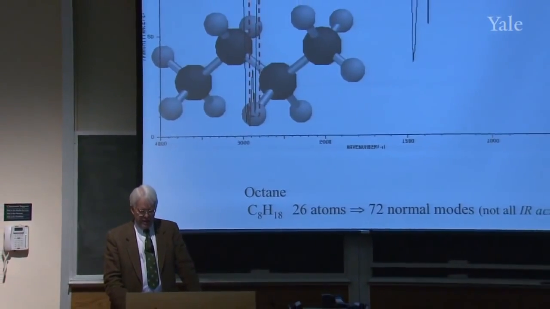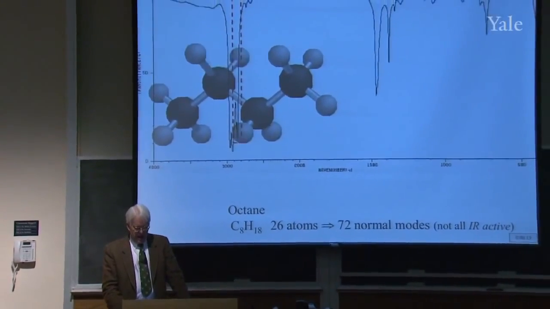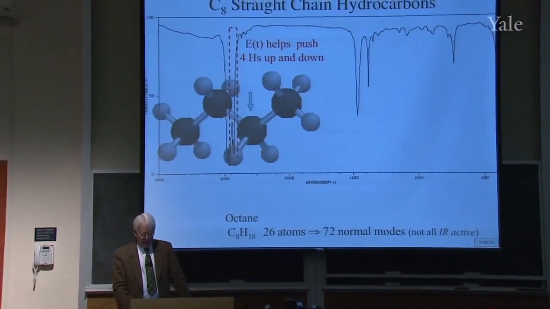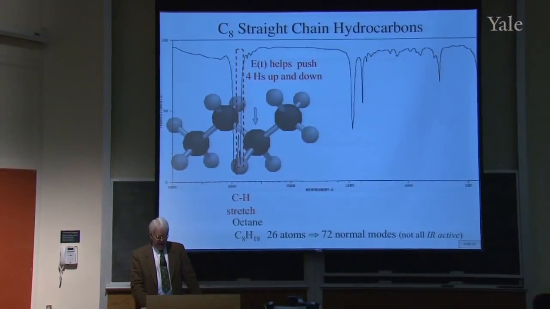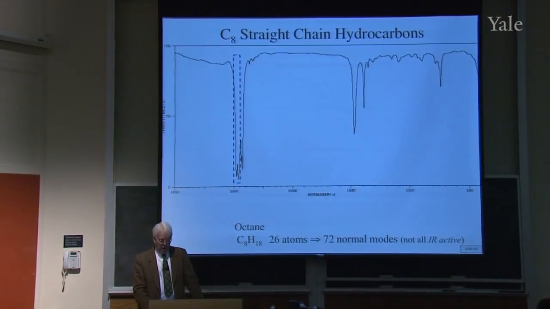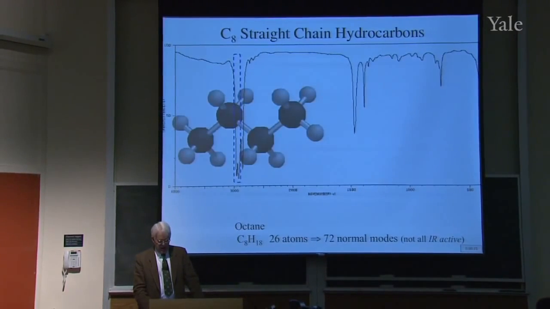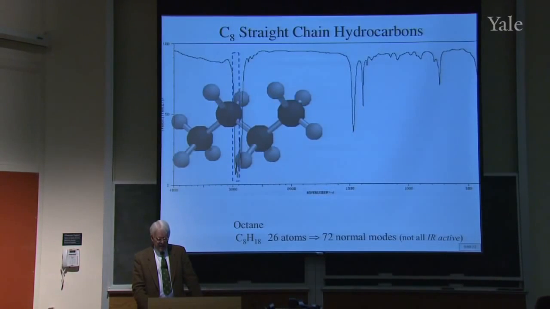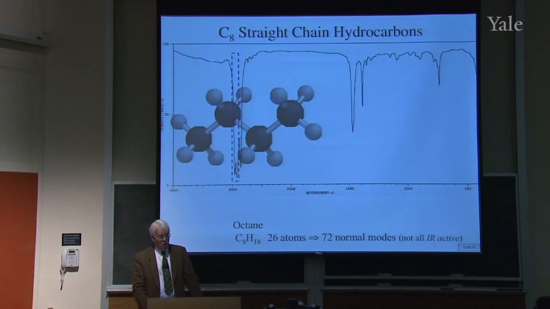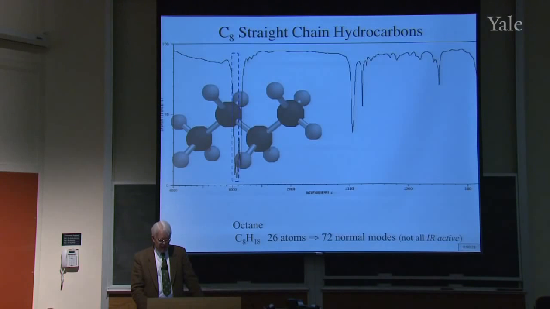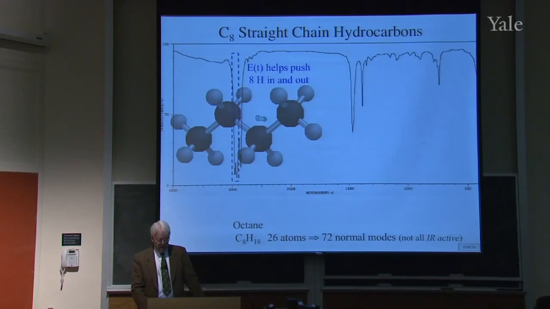that one was the coordinated stretching of the CH bonds, as indeed with the field pushing up and down. And the next one, that blue one there, or one of those peaks, is the hydrogens moving coordinatedly in and out in a normal mode where all vibrate at exactly the same frequency, and that's the frequency of that light. And that one, notice the electric vector goes in and out of the board rather than up and down.